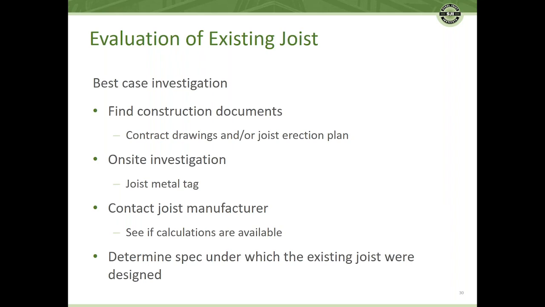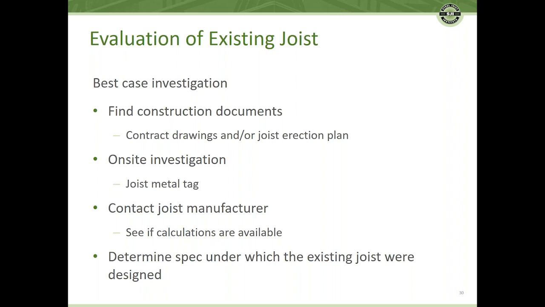When we're doing an evaluation of an existing joist, in the best case scenario, we have construction documents, both contract drawings and/or the joist erection plan. If we're doing an on-site investigation, we can find the joist tag, and that's really an important piece of information.